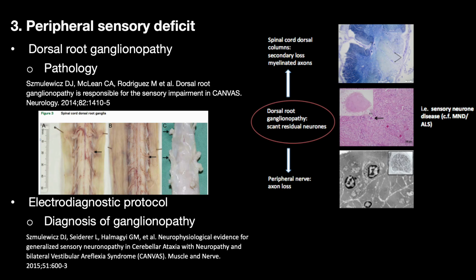If we now look at the panel on the right, the middle panel shows the dorsal root ganglia with very few remaining neurons. The panel above that shows secondary demyelination in the spinal cord, while the lower panel shows electron microscopy with severe axonal loss in the peripheral nerve. But again, this is secondary to the dorsal root ganglia loss, so again a ganglionopathy.